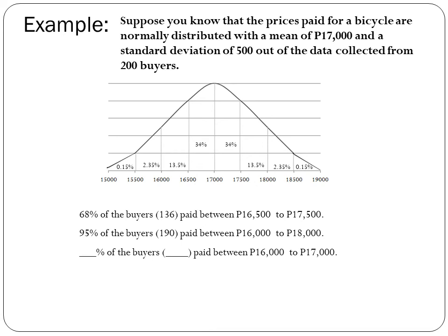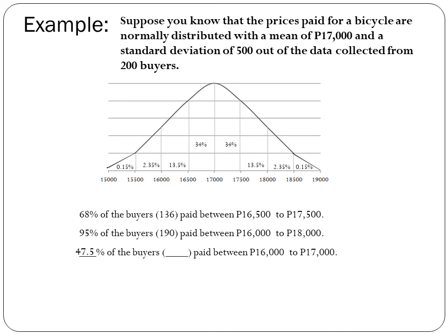So you have only consumed 34% and 13.5%. So that is only the area or the percentage covered for those amounts, 16,000 and 17,000 pesos.